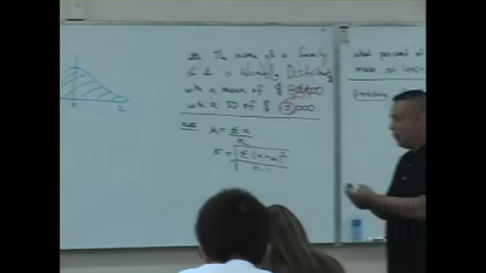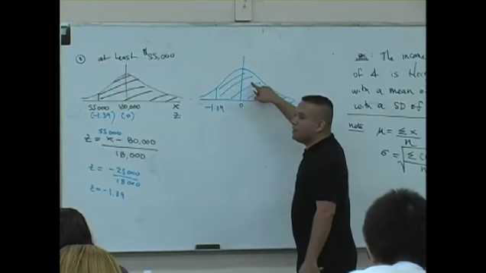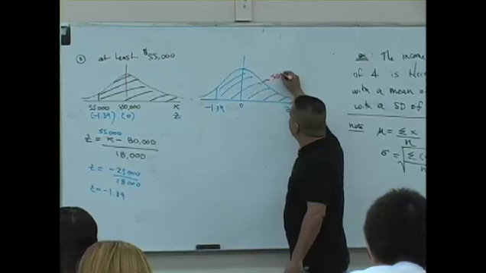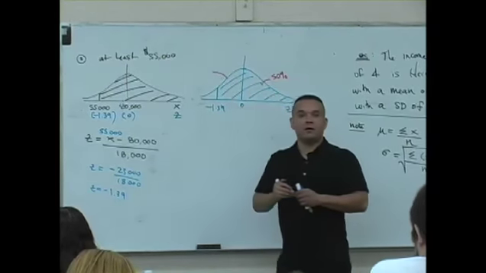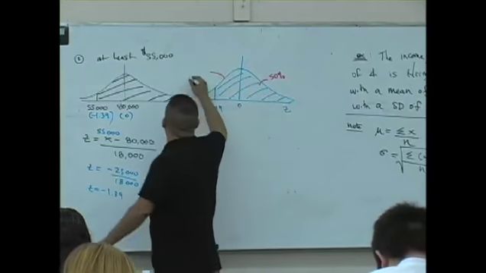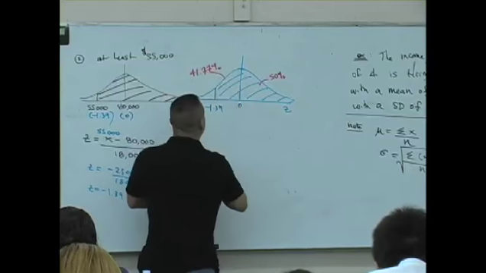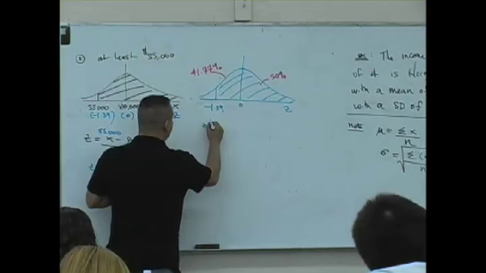Notice again, what percent of the bell is shaded on the right? 50%. Good. What percent is shaded here? We're saying it's 41.77%. How do you find that? You look at your z table.